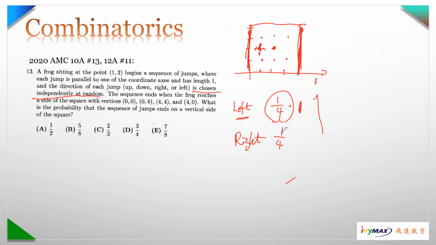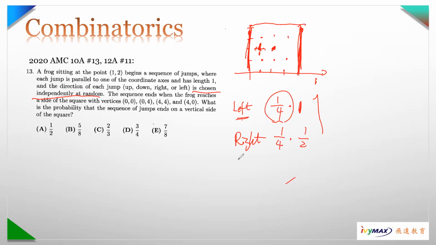So they can have a 1/2 chance to stop at the vertical sides, right? Because we have two vertical and two horizontal sides. Each should have the same chance to be stopped at, right? So if it's exactly in the center, it should be the same. Half and half for the chances, right?